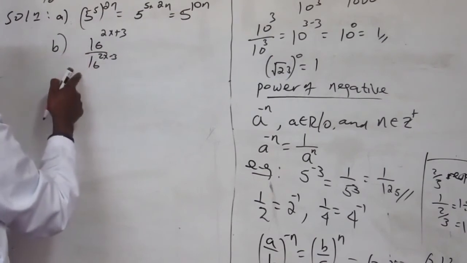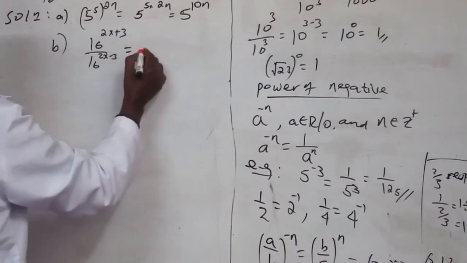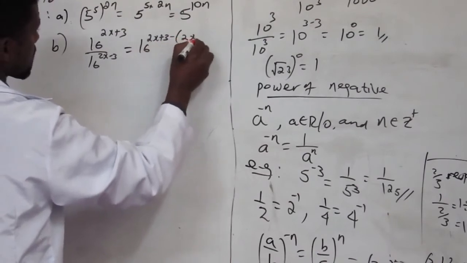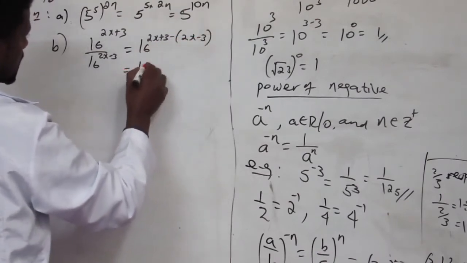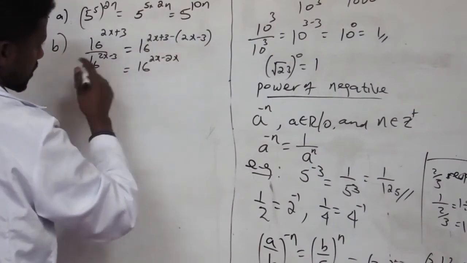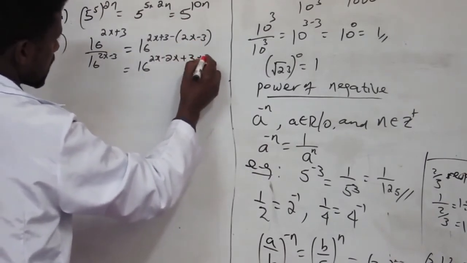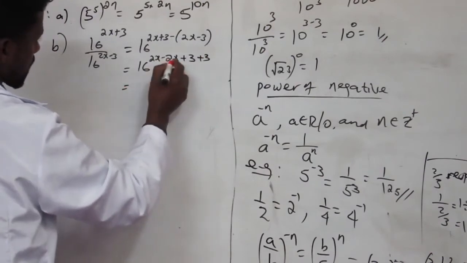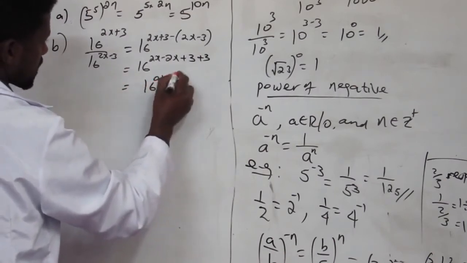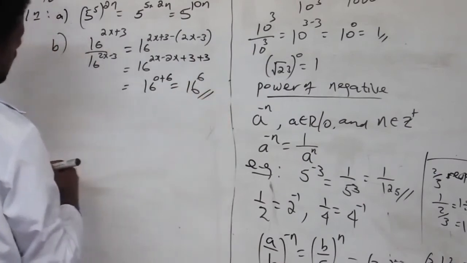In this case, the same base but different exponents, and for power division we can say 16 to the power of 2x plus 3 minus (2x minus 3). 2x and 2x are like terms, and minus times minus is plus, so it becomes 3 plus 3. 2x minus 2x is 0, and 3 plus 3 is 6, which is equivalent to 16 to the power of 6. You can simplify just like this.